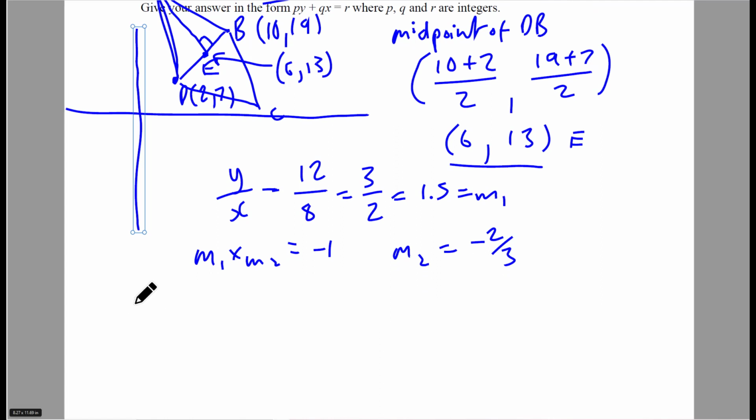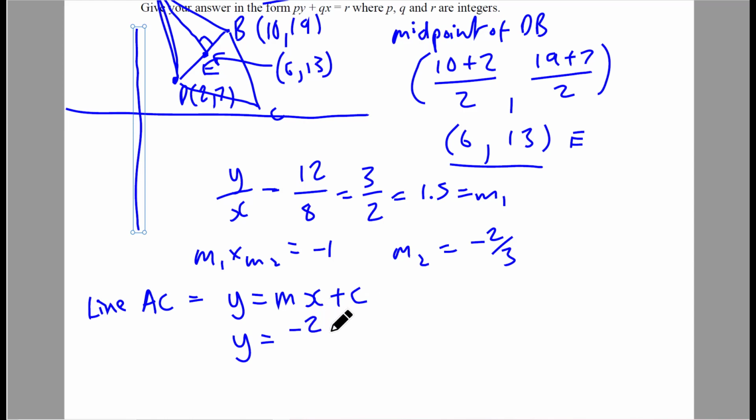So the line AC is going to equal some type of y equals mx plus c. We've got the m here, that's y equals minus 2 over 3 x plus c. Now we don't have a coordinate for A or C, but we have got this point here which must lie on that line AC.